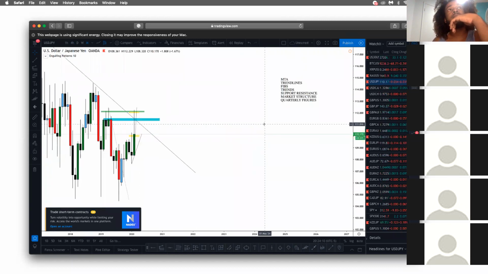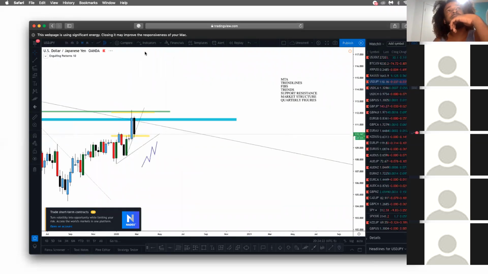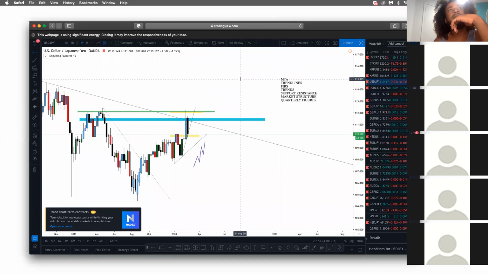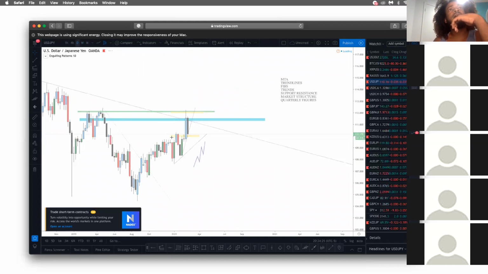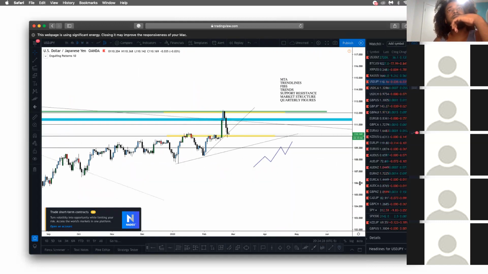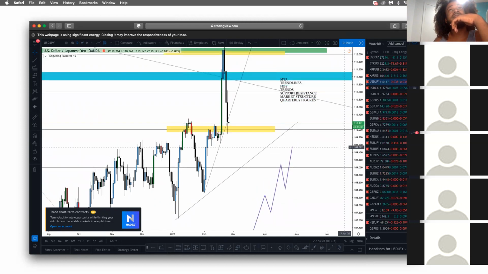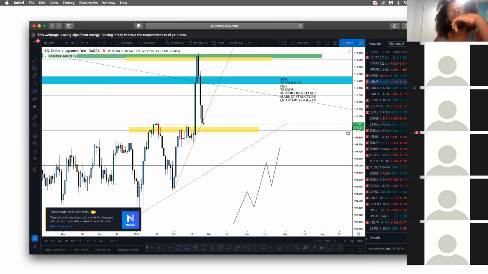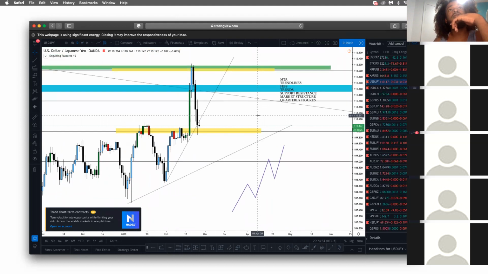The market reacted off weekly, monthly support and resistance. The higher time frame is in a downtrend, right? The market just reacted off significant quarterly levels. So you have all these confluences pointing down.